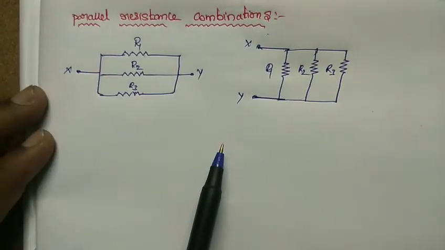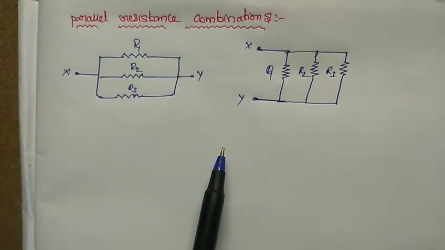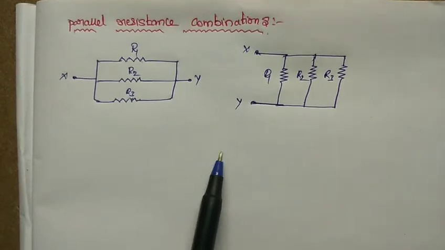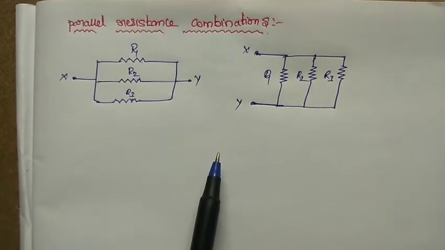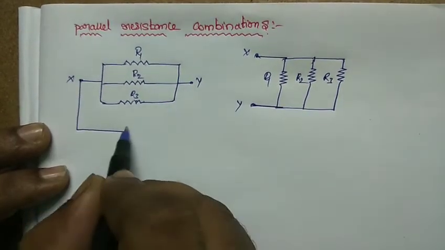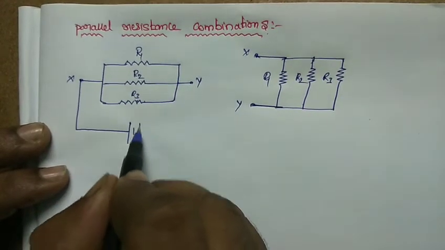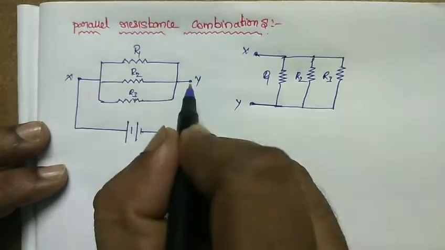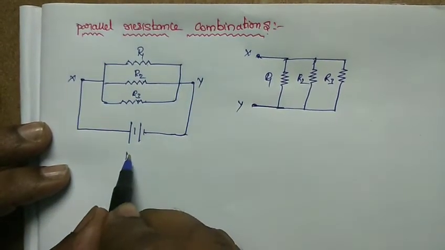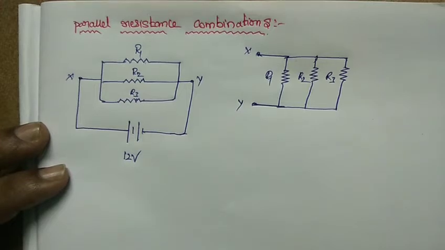In this parallel resistance combination, the resistors are connected with a battery, like this. Some voltage, 12 volts, like that.